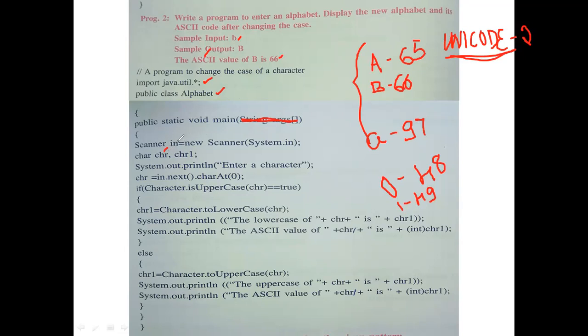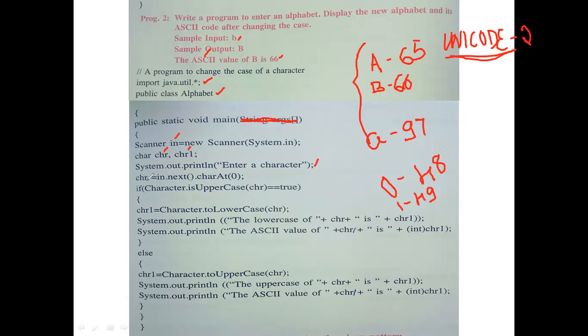Either you write in, sc, s, anything, but remember what name you have taken here. Then character variables are declared: char ch and ch1. Two variables are declared of character type. Then the message is given: enter a character.